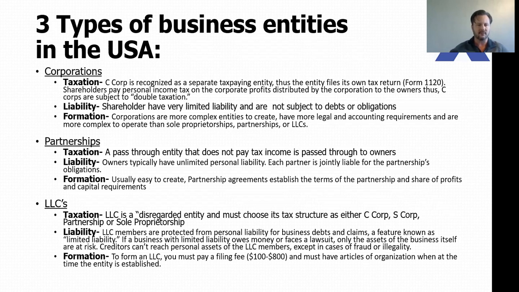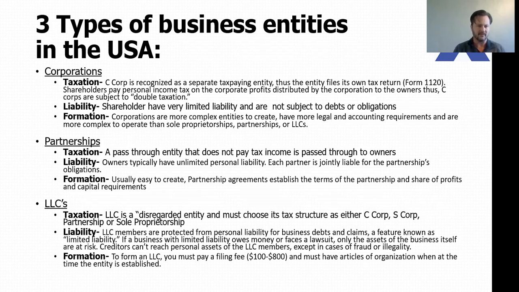So the disadvantage with the corporation is that it's subject to double taxation. So usually digital nomads and freelancers aren't structured this way. This is more of an advanced structure for companies that are seeking capital. That's something that's not commonly used by freelancers.